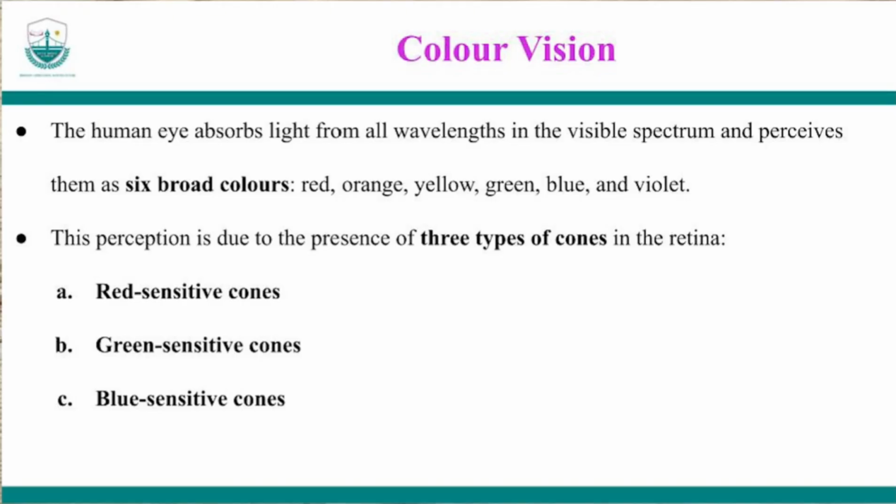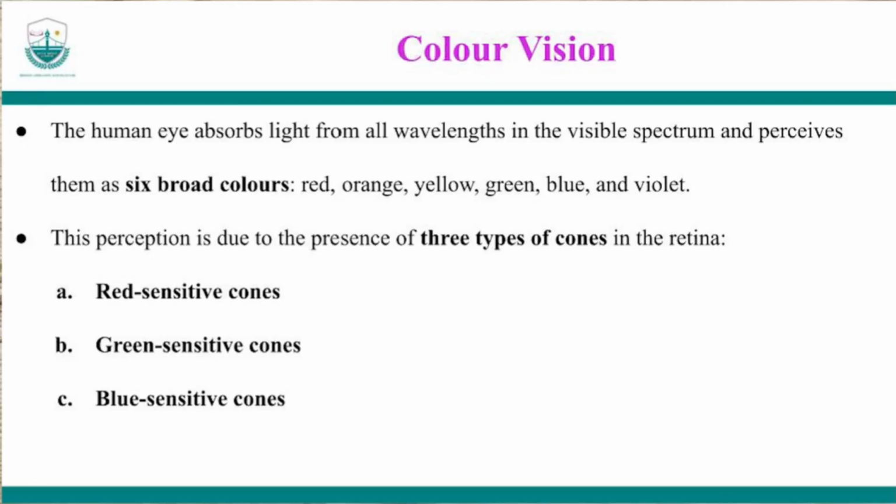That ability is because of special cells that are within the retina, the ones we call the photoreceptor cells, where we looked at the cones and the rods, but the cones are the ones responsible for color vision.